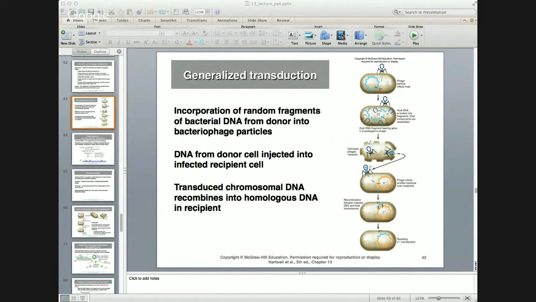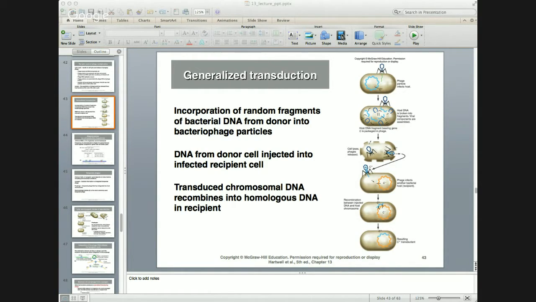Okay, so we're looking at generalized transduction, where any fragment of the donor's chromosome could get incorporated into the head of a new phage particle.